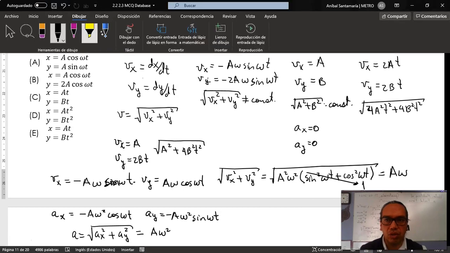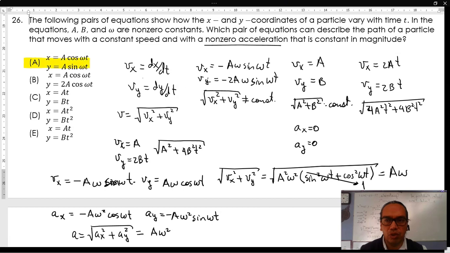Therefore, the only choice that allows for constant speed and constant acceleration is option A.